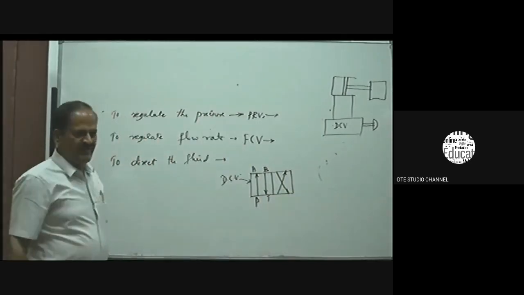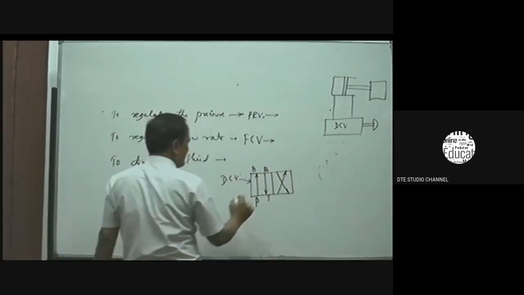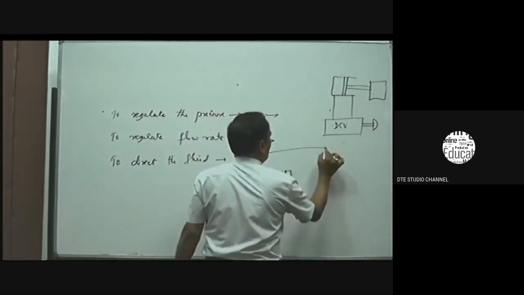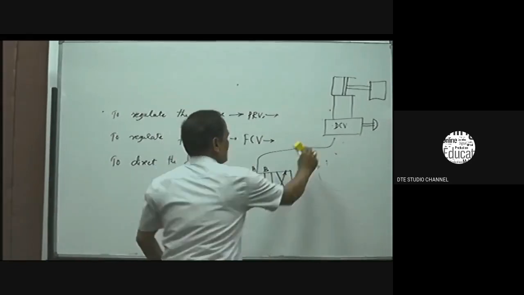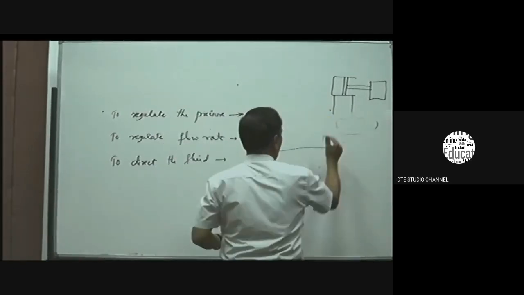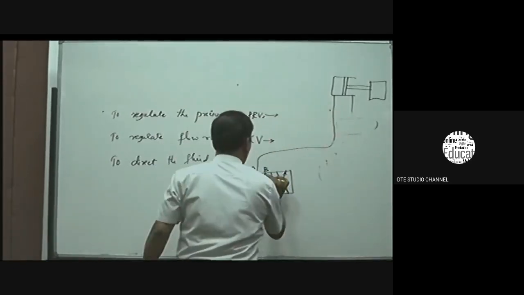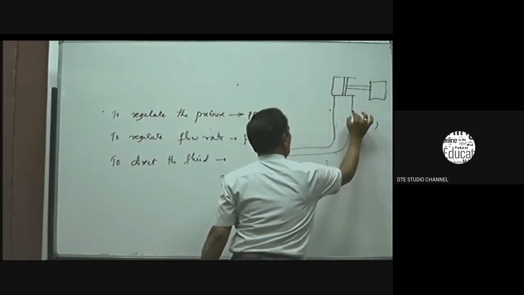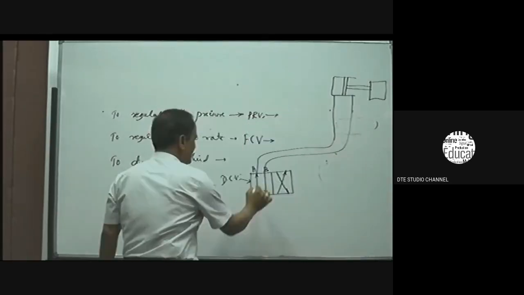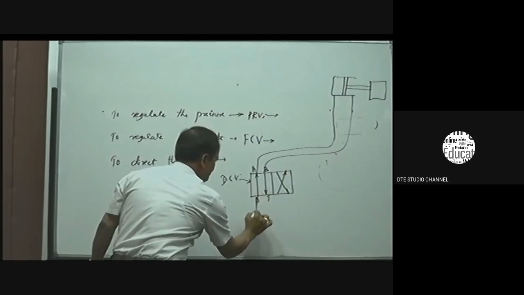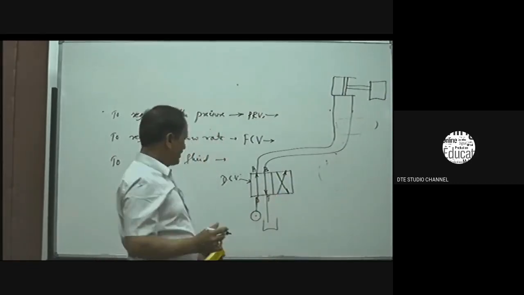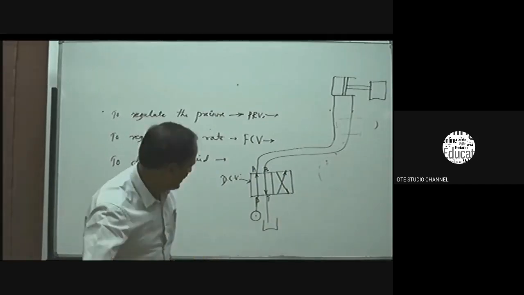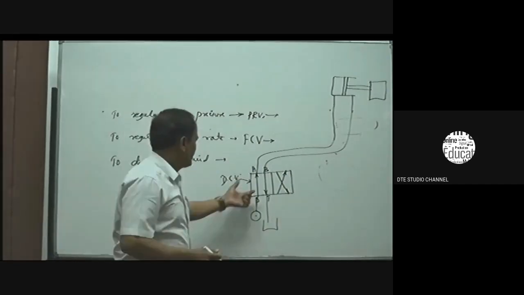In the first position of the DC valve, pump is connected to port A of the cylinder and B is connected to the tank port. So this is the pump, and again from the tank port fluid flows back to the reservoir. This is the first position.